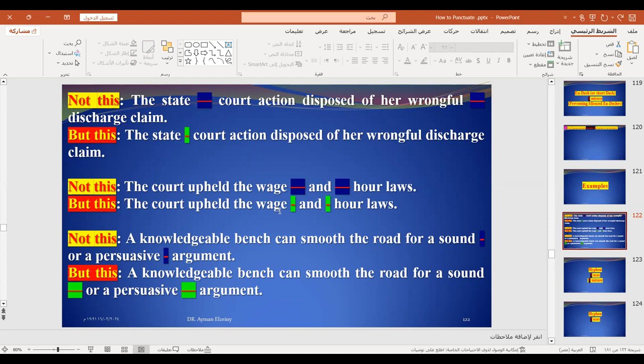Another example, the knowledgeable bench can smooth the road for a sound or persuasive argument, or a persuasive one. Here, put it between two em dashes, not en dashes.